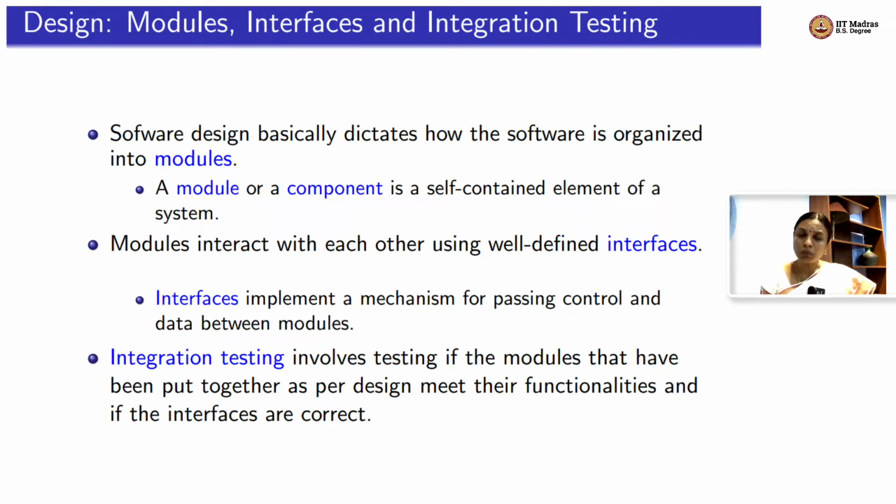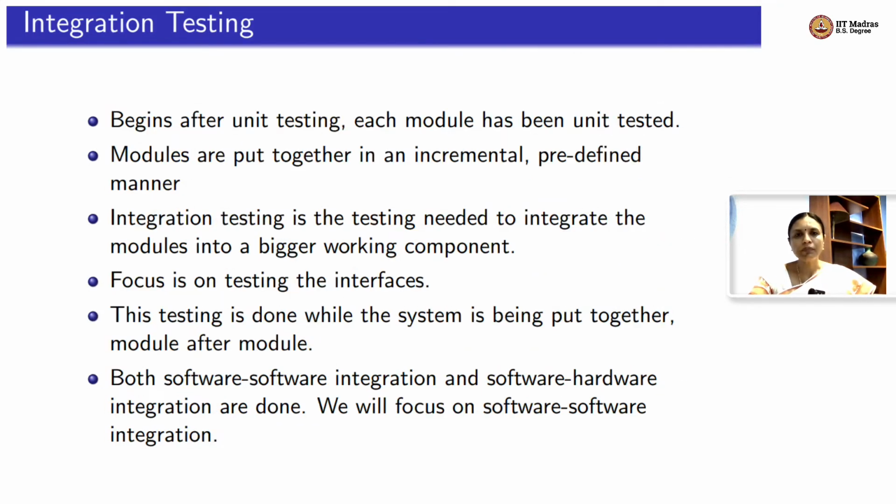Module could also mean multi-threaded code where each thread can be thought of as one unit. It's up to us to interpret what a module could be. It could be a method inside a particular class, an object, or it could be a thread in multi-threaded programming. And interfaces are a method calling another method, a function calling another function, or two threads interacting with each other by sending and receiving messages, and so on.